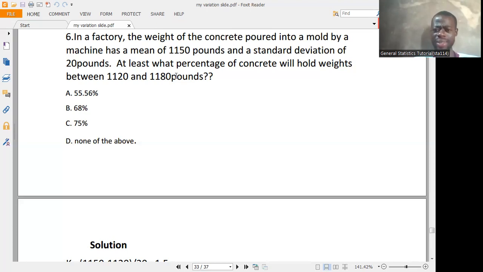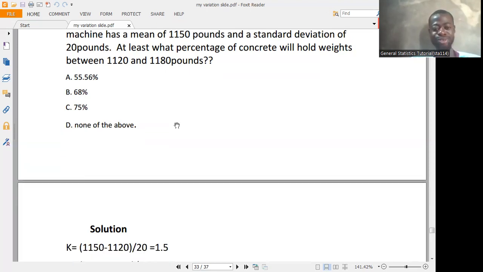Whenever you have a question like this, just know it's Chebyshev's rule. The way you get your answer is to find the value of k. How much can you deviate from the mean before you get this range? One easy way is to subtract the mean from this value, then divide by the standard deviation.